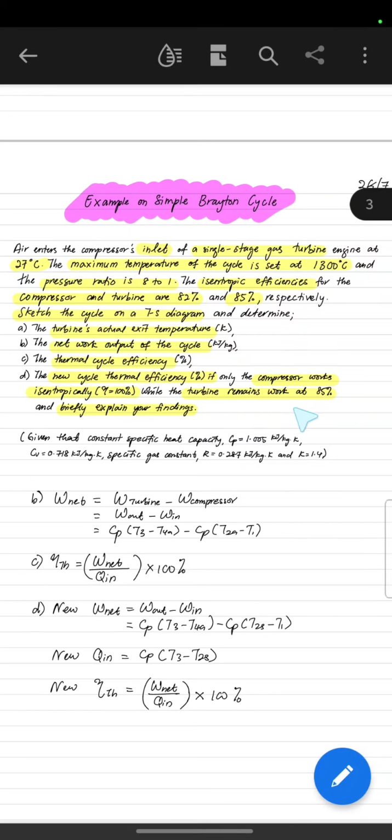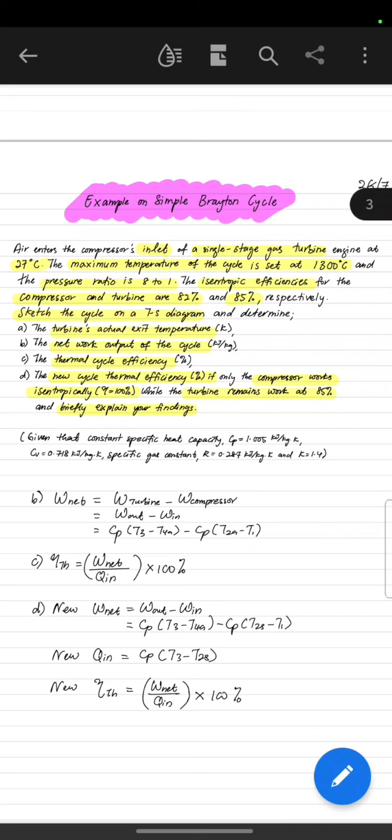While the turbine remains at 85%, so you also need to briefly explain your findings for question D. So down here are the equations on how you are going to find your new net work. So basically it's the same as your B, but now we are finding the new one because your new Q in only considers T2S, not T2A.